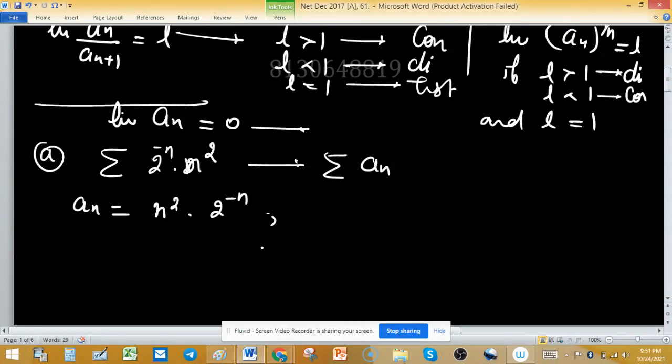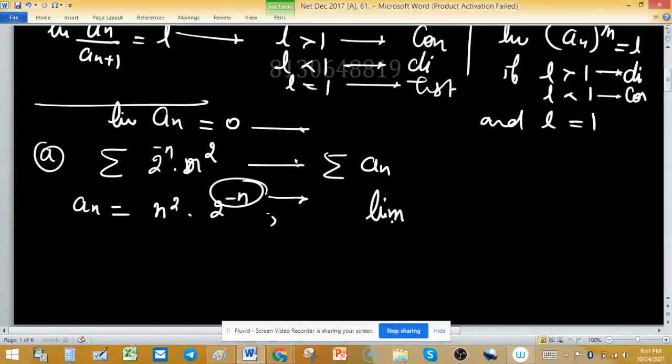I'm going to apply the root test because n is involved in the power. Whenever n is involved in the power, always try to find convergence with the help of the root test, because this n will somehow cancel out. If you apply the ratio test, sometimes it fails to predict the convergence of some series, but the root test can. So indirectly I can say the root test is more powerful than the ratio test.